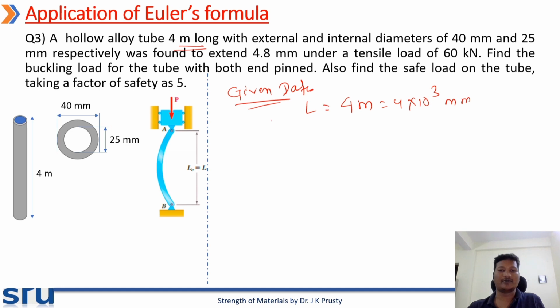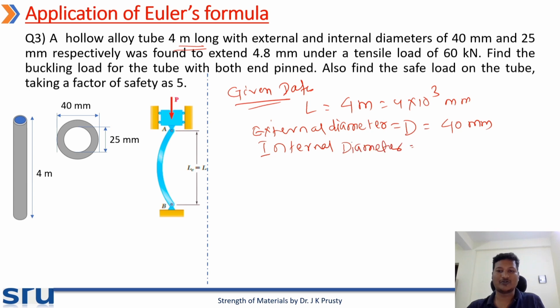External diameter, capital D, is equal to 40 mm. Internal diameter, small d, is equal to 25 mm.